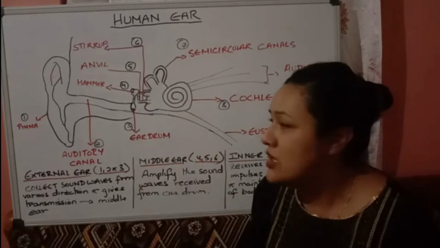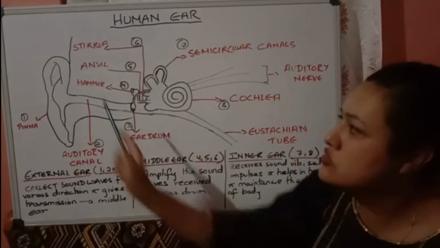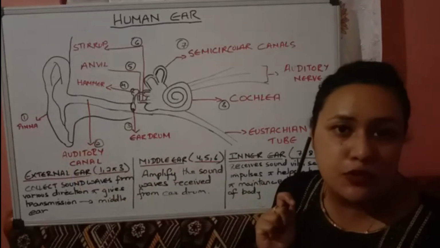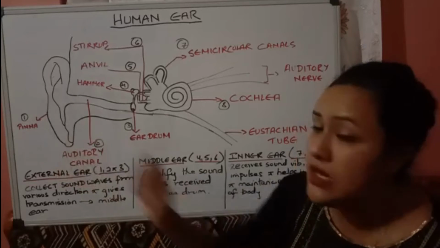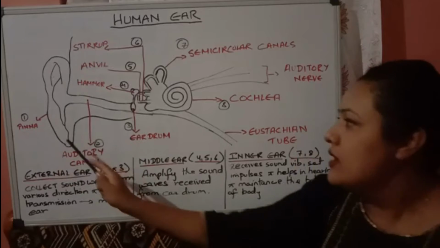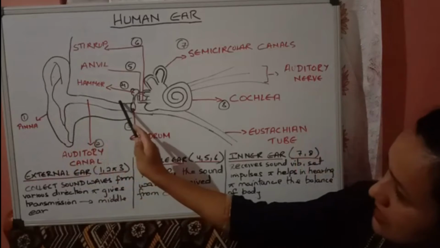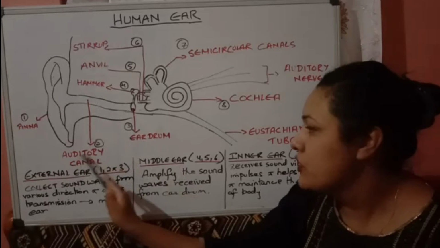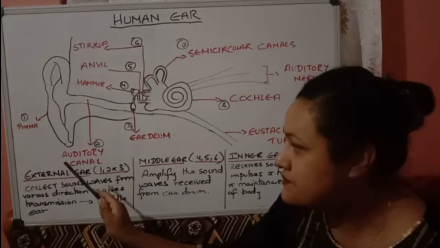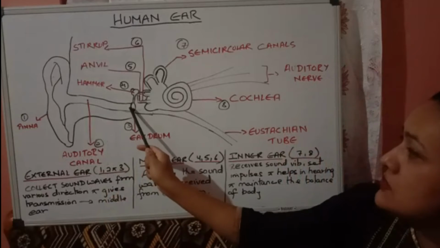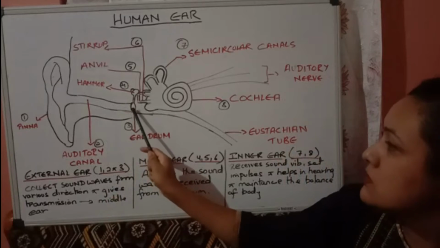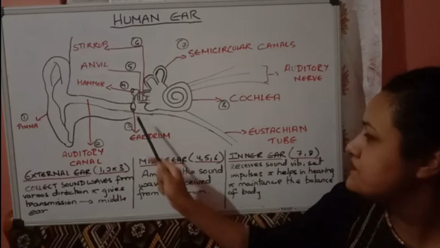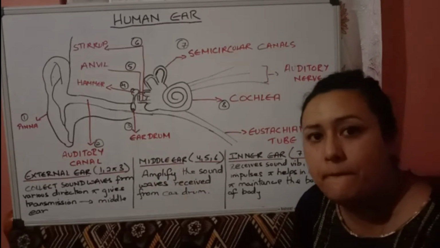Now let's see the different parts of it. The outer portion is known as the pinna. Then there is a tube connected with it internally; that tube or canal is known as the auditory canal. Then comes a round portion here, which is known as the eardrum.